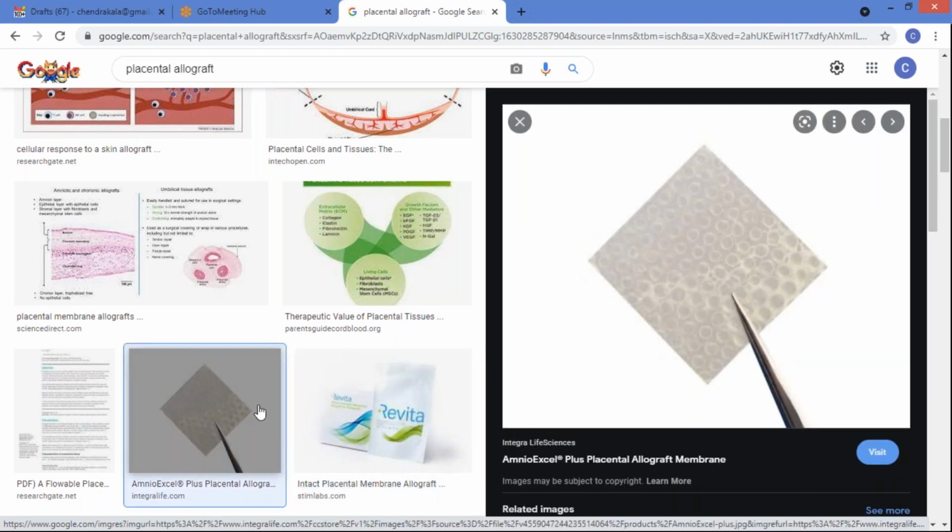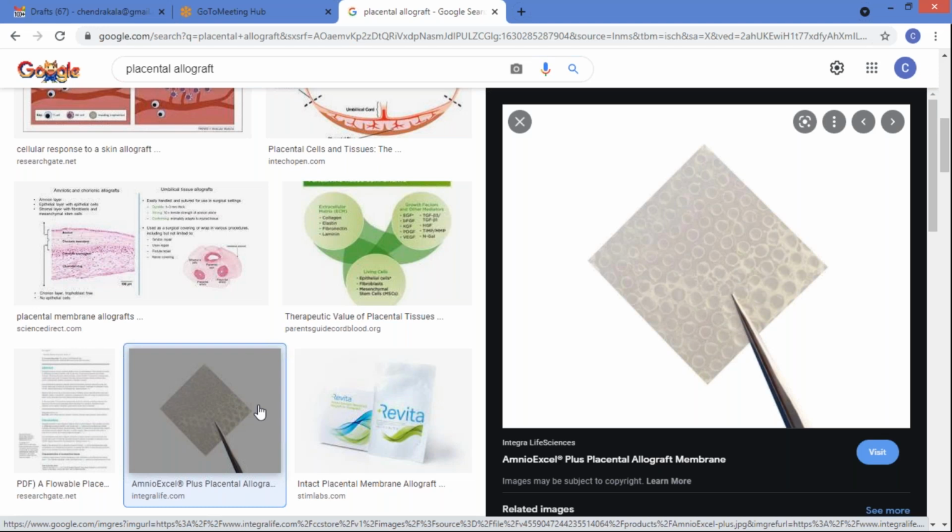So it's not a drug, it's not a surgical procedure, it's not a test. This is an allograft, 2 by 2 centimeters, a human tissue-based product. Human donor cell. It is also called a tissue-based product.